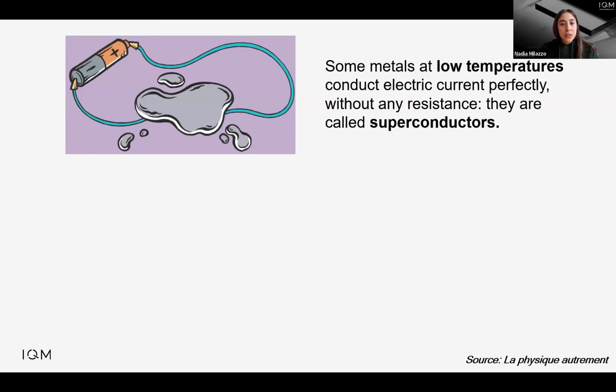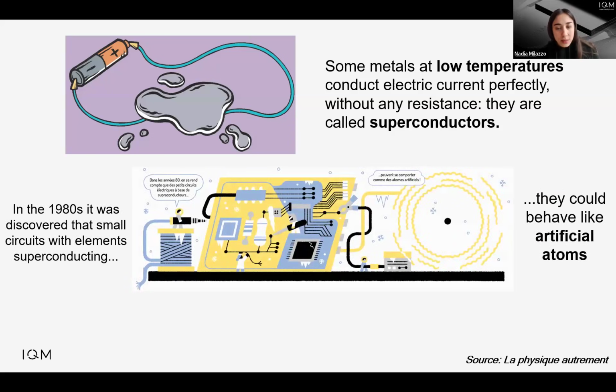But later on, in the 80s, someone discovered something even more exciting. While working with small electronic circuits with superconducting elements, scientists discovered that these electronic circuits could behave like an atom, like an artificial atom.